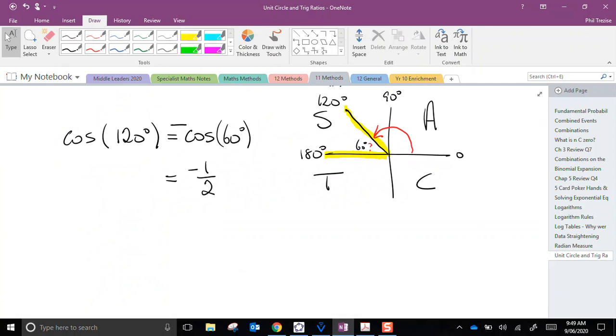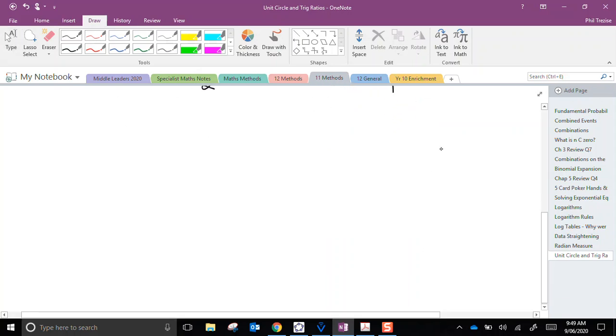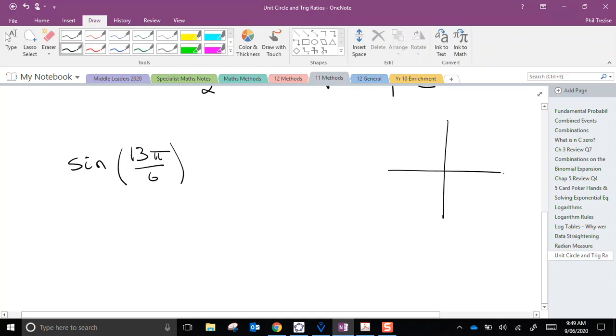Let's try another one. Let's go with radians this time for our last one. Let's go the sine of 13 pi over 6. Oh, that's beyond. Oh, we can do this. That's all right. 13 pi over 6. This is going to be a bit of a weird one, but we can figure it out. Now, draw a diagram. Always do a diagram. Mark in 0, and we're in radians this time, so we'll mark in pi.